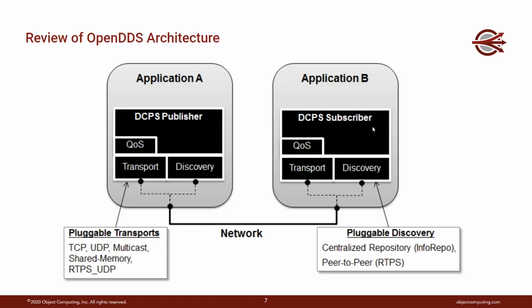And similarly here with application B, it needs to subscribe to data, and it has its own instances of transport and discovery. So we'll see some of those terms come up as we get to some of these details, right? What improvements are happening in the transports, in the discovery modules, and in the general DCPS as well.